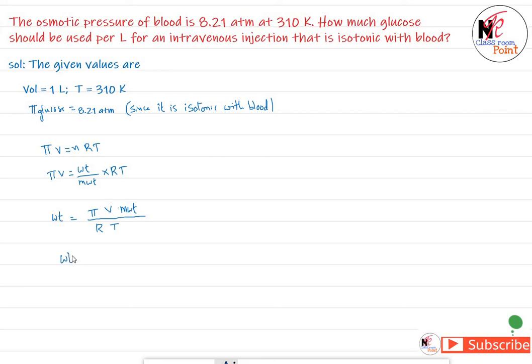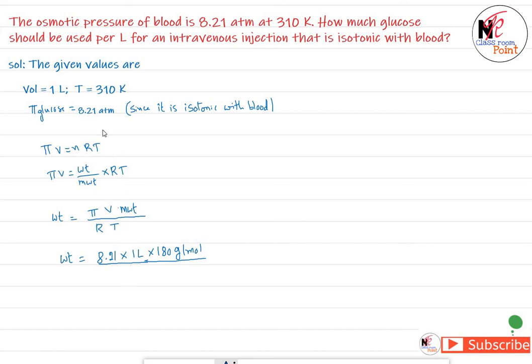So the weight of the glucose now becomes equal to, what is the pi value of the glucose indirectly given here? It is 8.21 atmospheres. Volume is 1 liter. The molecular weight of the glucose we know is 180 grams per mole. How did we get 180? It is from the formula C6H12O6. By summing the atomic masses, we get the molecular mass of the glucose.